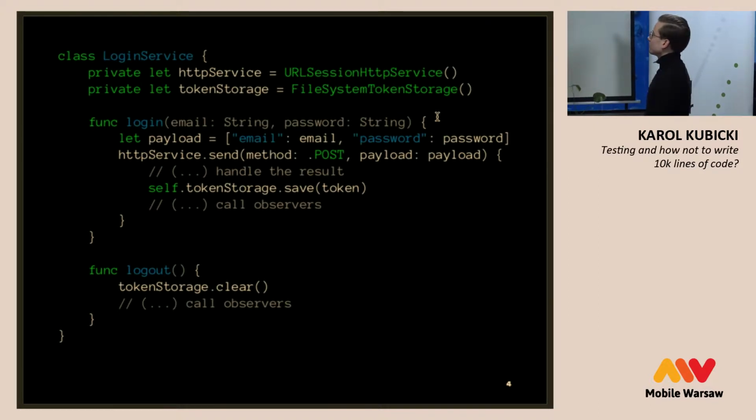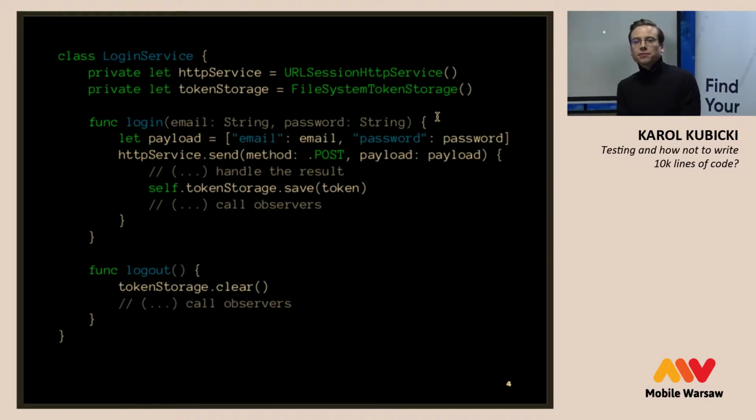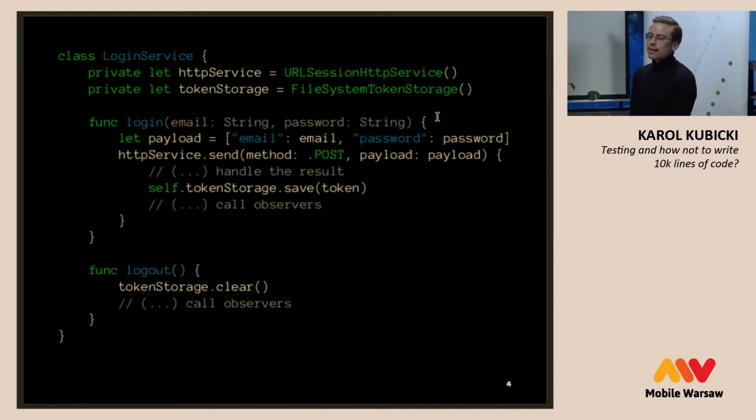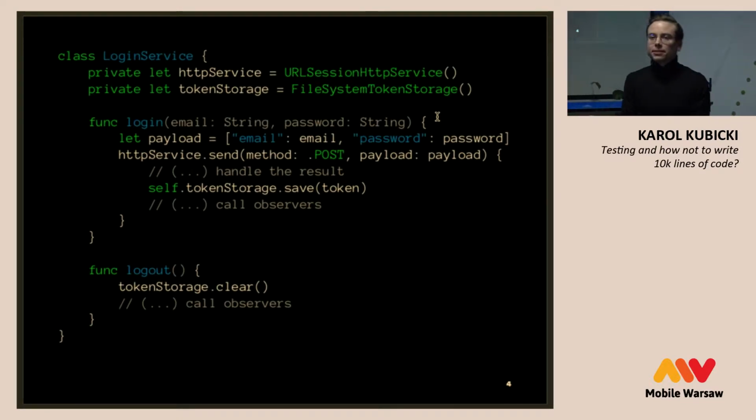It works in a way that the login method takes email and password. It creates some kind of payload that is forwarded to our HTTP service. Then in some kind of callback, we get the response, we parse it, and we do something with the result. In our case, we expect a token, so we want to save it in our token storage.